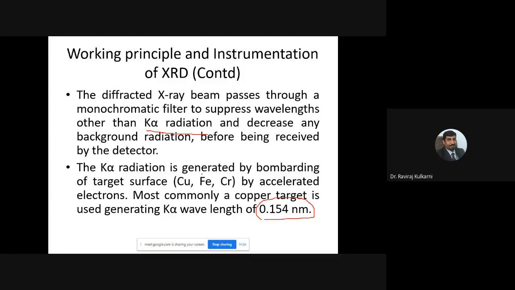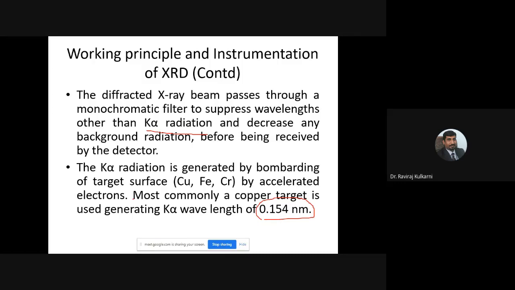The K alpha radiation is generated by bombarding the target surface with accelerated electrons. Electron gun you have seen already. How do you make an electron gun? Anyone? I have discussed this in the electron microscope. Which filament do we use to generate electrons? Yes, tungsten. Very good. Tungsten or lanthanum boride crystals can be used to generate the electrons.